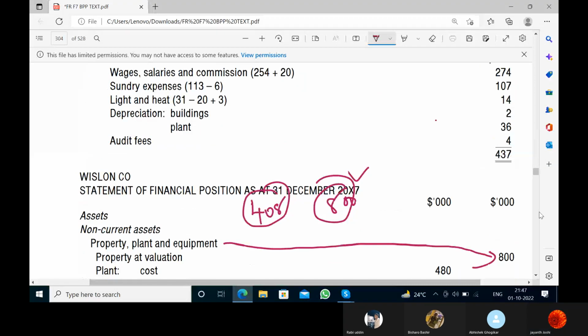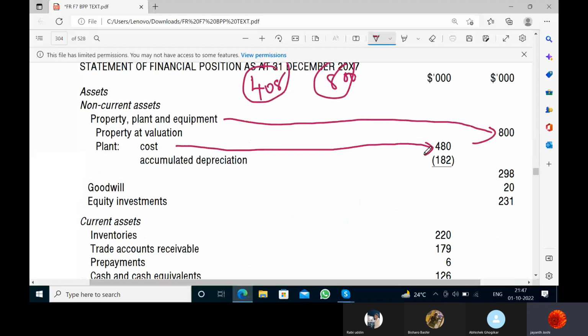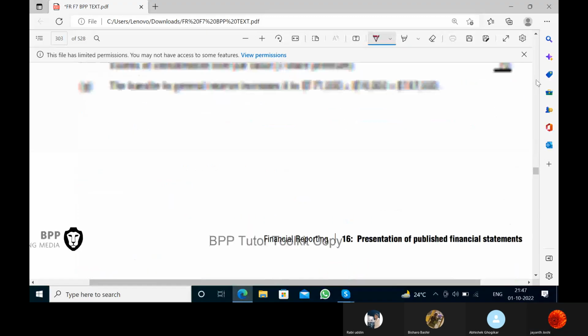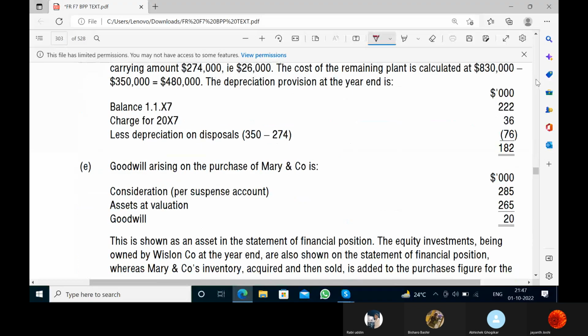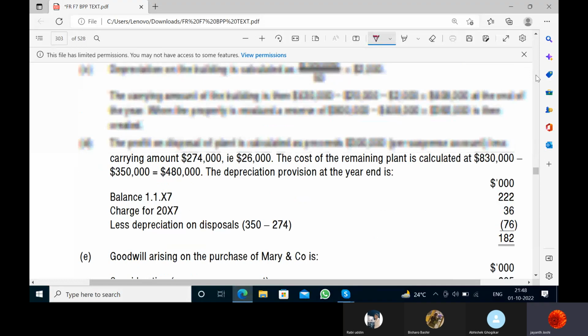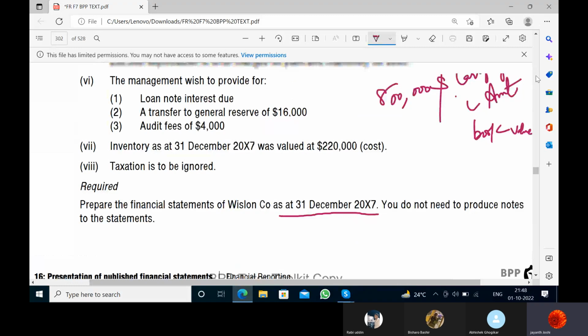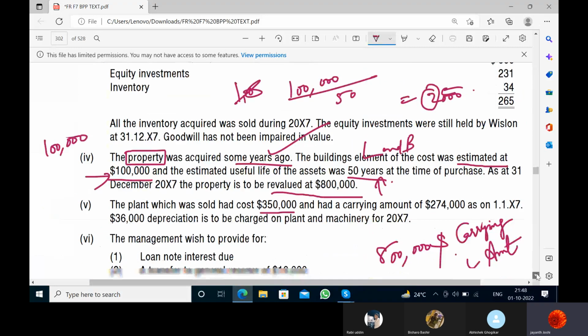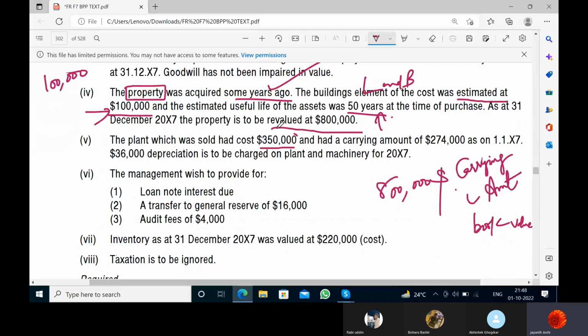So there we are. And then accumulated depreciation. Let's see. I would explain to you about accumulated depreciation. See here, some plant which you have sold right now, how much worth of plant have you sold? $350,000. And its depreciation is how much? $36,000.